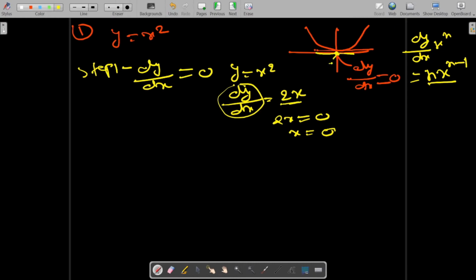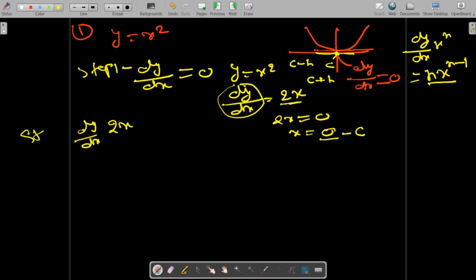If you take this c, then c minus h and c plus h, you have to put c minus h and c plus h in the first derivative. So here we have c equal to 0, and c minus 1, let's say minus 1. dy by dx is nothing but 2x. As we know 2x equal to 0, so x equal to 0, it's a stationary point. We have to identify whether it is a maximum or minimum.